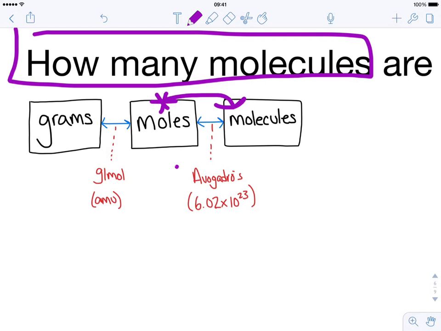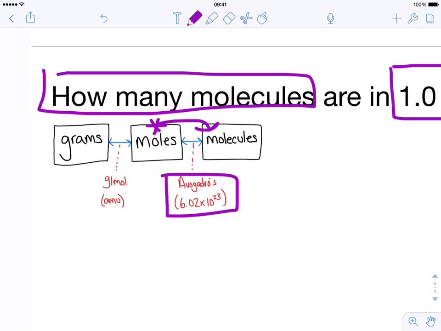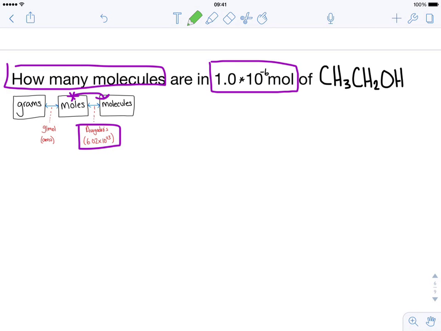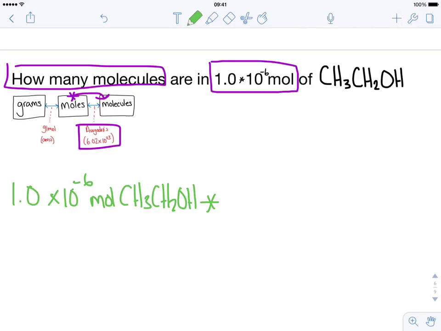Now how do we do that? We do that by using Avogadro's number. So what are we given? We are given moles, 1.0 times 10 to the negative 6 moles of CH3CH2OH. And we're being asked to find molecules. Now, if you remember from the previous video, we originally wrote Avogadro's number as a conversion factor.